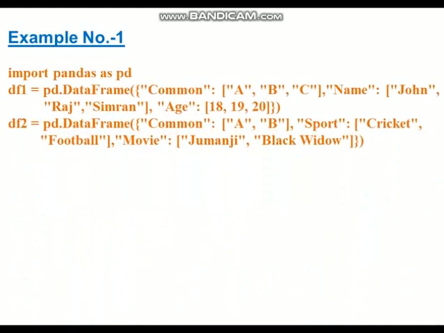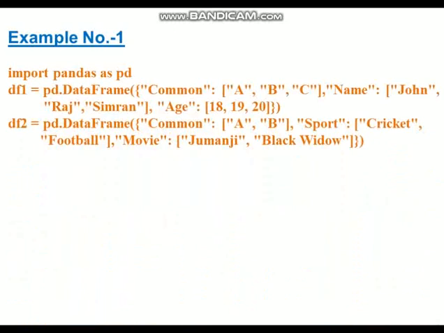Example number 1. We know in the programming of pandas, first of all we have to import the module pandas, like import pandas as pd. After that we are creating two data frames, df1 and df2.